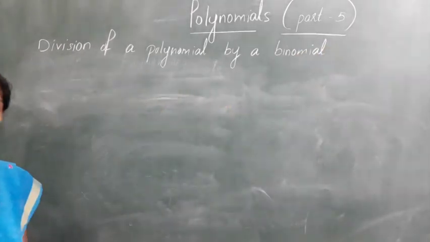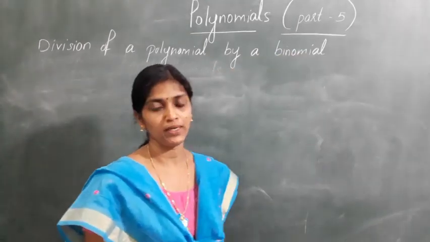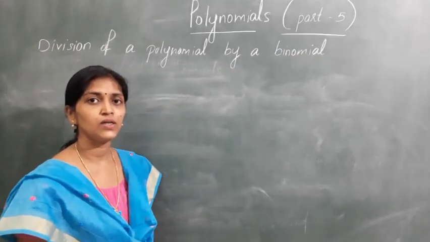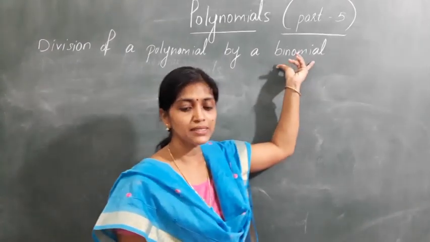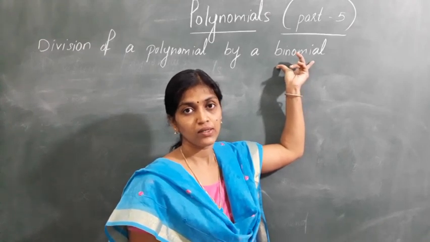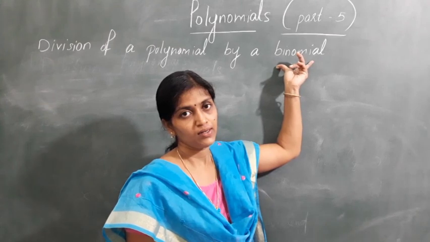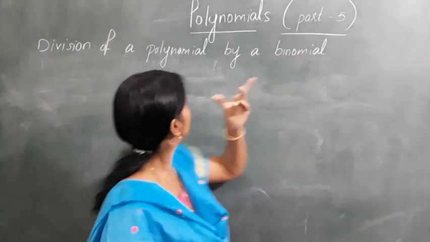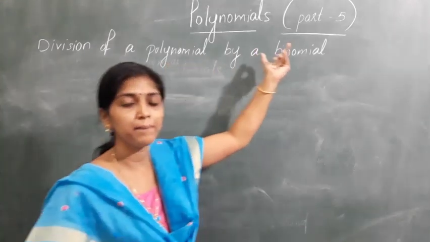Okay, division of a polynomial by a binomial. So here binomial means it contains how many terms? 2 terms, isn't it? Okay, and we are going to divide the polynomial by a binomial.